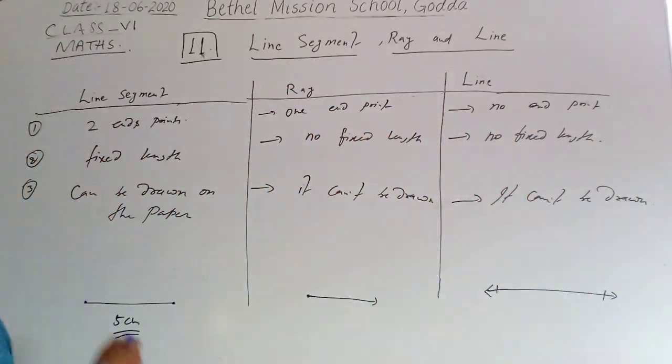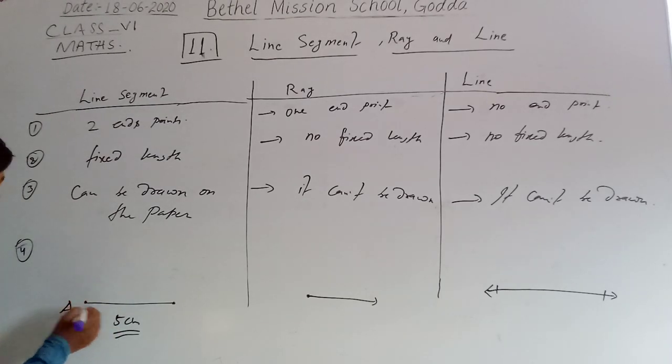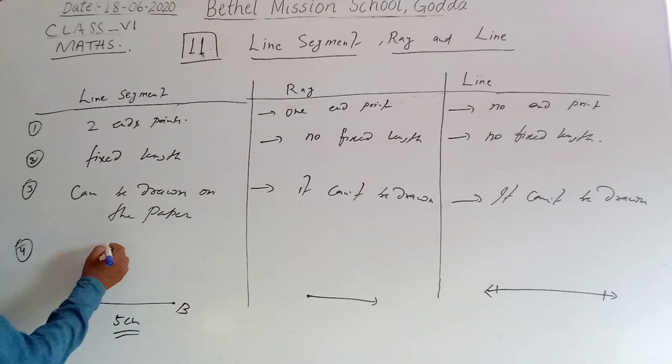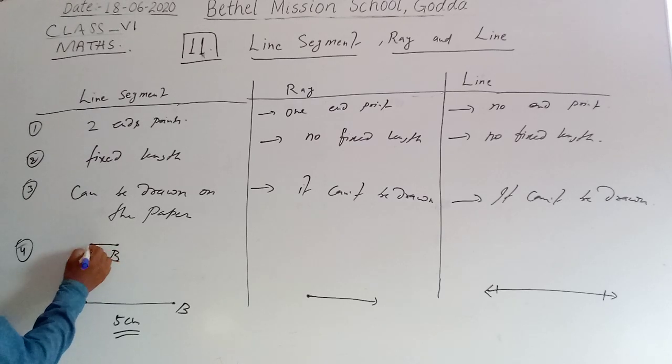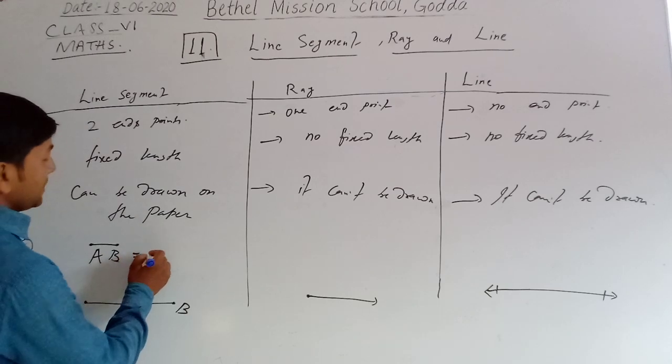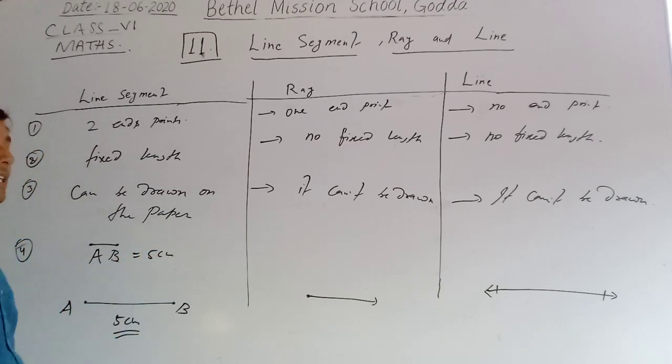And the fourth distinction is, suppose that AB is a line segment, then we can write AB like this. This is AB, line segments. AB equal to 5 centimeter, then we can write AB equal to 5 centimeter.